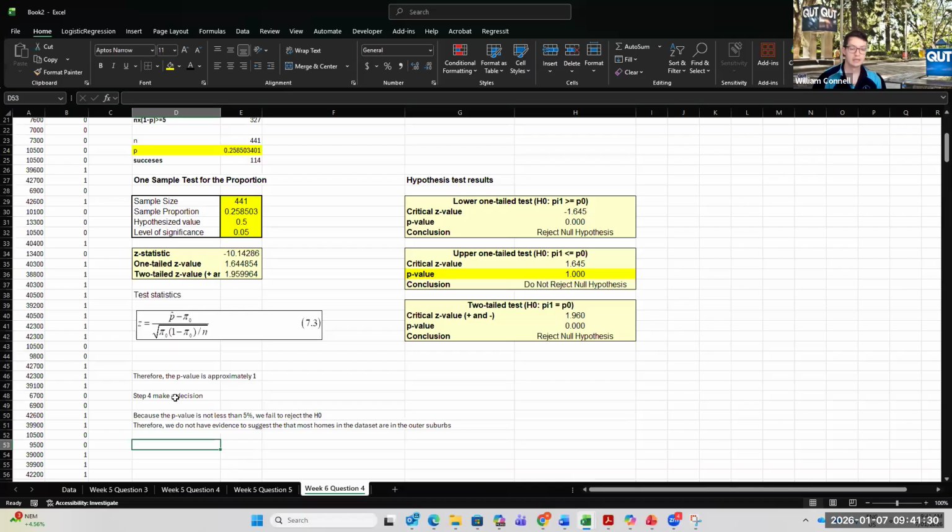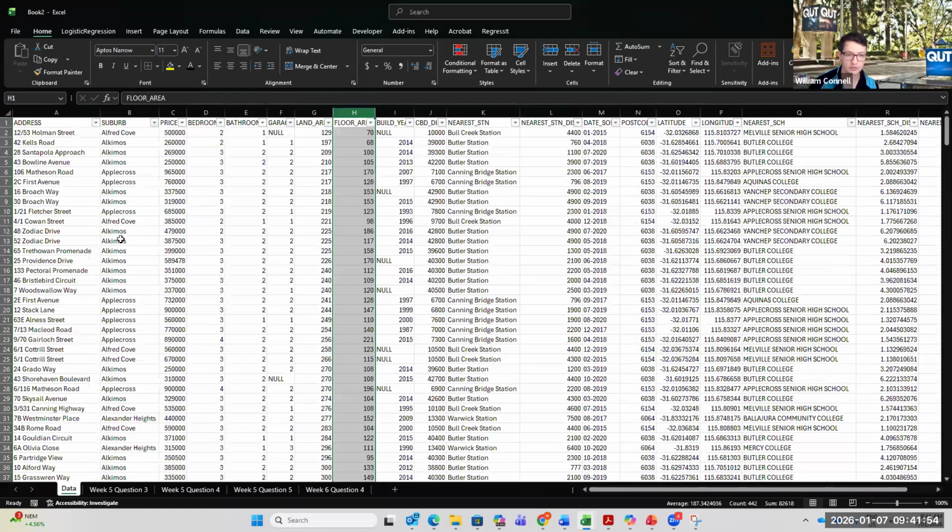Okay. It's also worthwhile to take a step back from this test that we've just conducted and think a little bit about this sample that we have, right? One of the other conditions here is that our sample needs to be randomly sampled from our population. If we have a look at our data set and the actual types of suburbs that are here, Alfred Cove, Alkimos, Applecross, Alexander Heights, right?